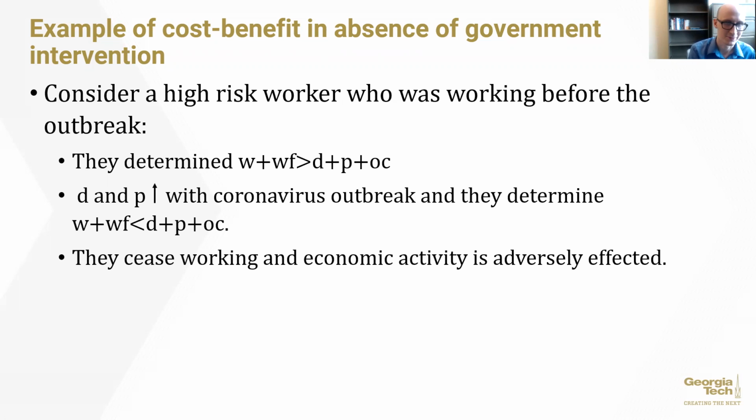After the outbreak, both D and P rise because the virus starts spreading and knowledge about the risks and the psychological cost of those risks rises. And this high-risk worker decides that their wages and future wages are not worth the risk, plus the other costs that they would incur otherwise, their opportunity costs. So they cease working, and economic activity is adversely affected that way. This is in the absence of any intervention.